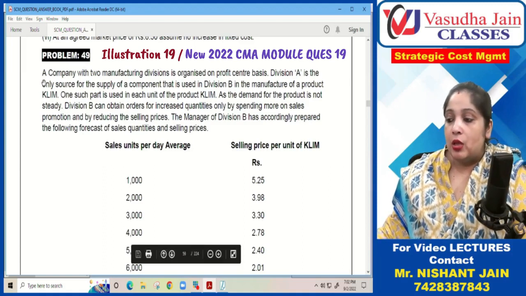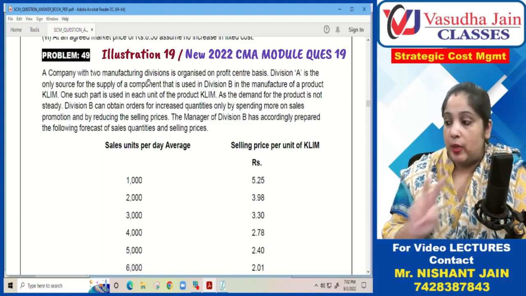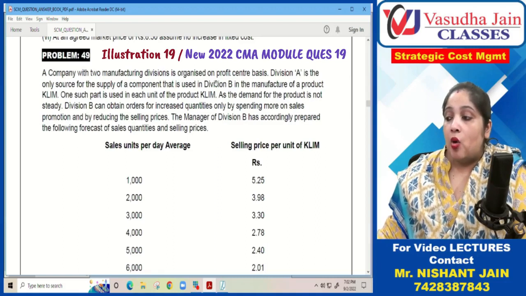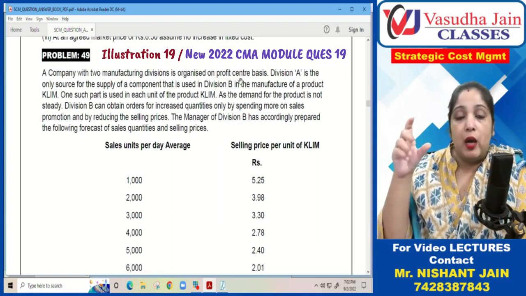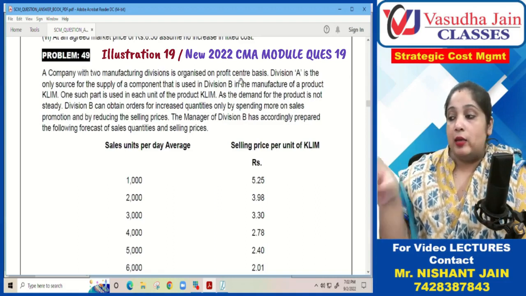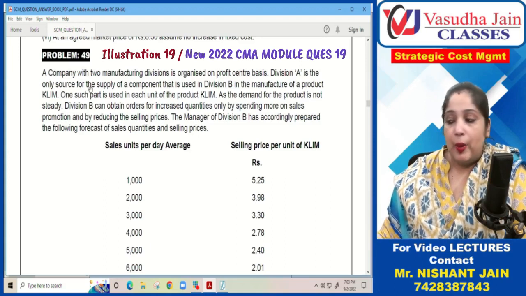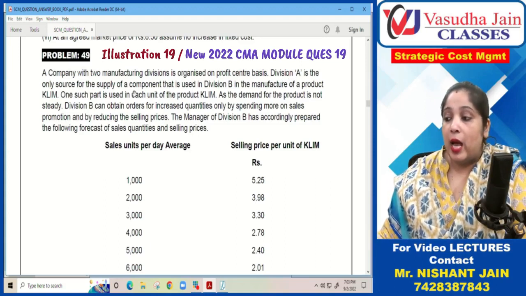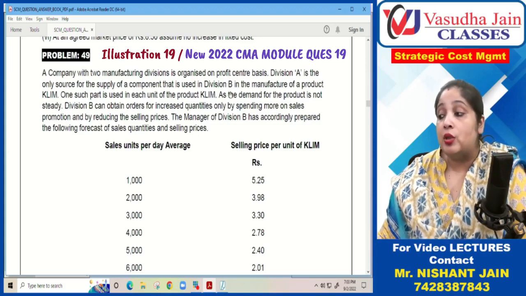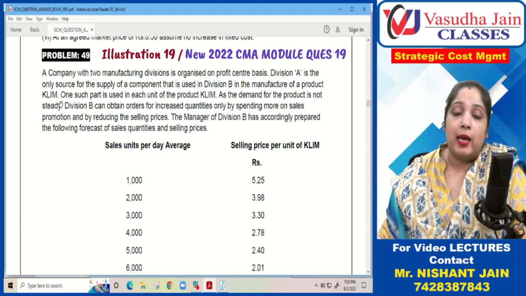Again, a basic question. A company with two manufacturing divisions. So a company has two divisions, two departments, organized on a profit center basis. This profit center basis should give an alarm in your mind that this question is related to transfer pricing. Division A is the only source for supply of a component that is used in division B in manufacture of the product KLIM.